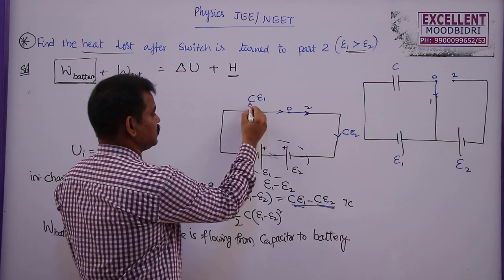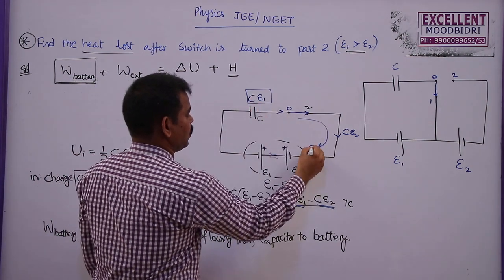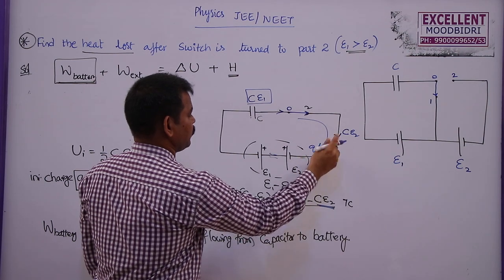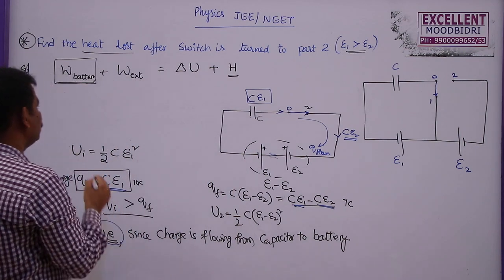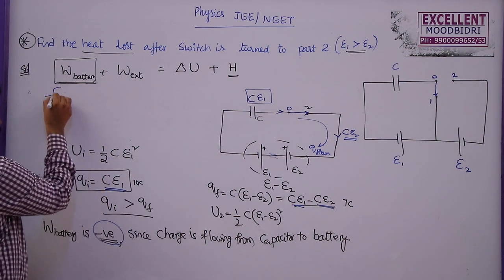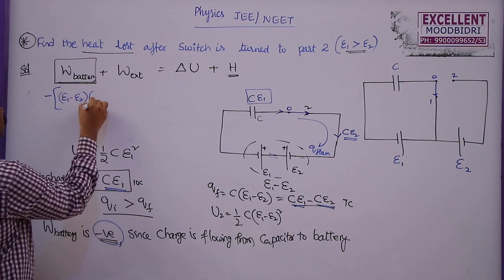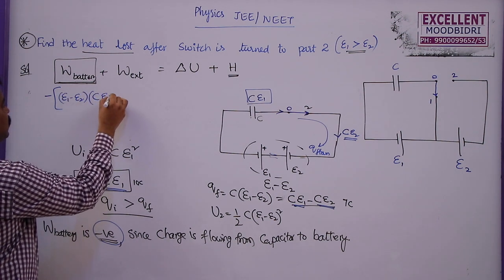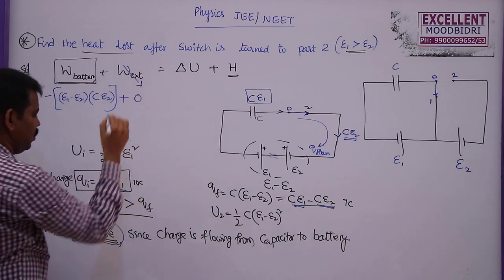So this is the extra charge entering the battery. So the work done by the battery is the negative of the potential difference E1 minus E2 into the charge flowing CE2, and the external work done is 0.